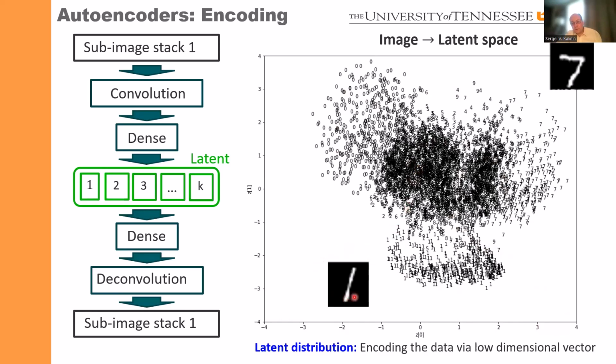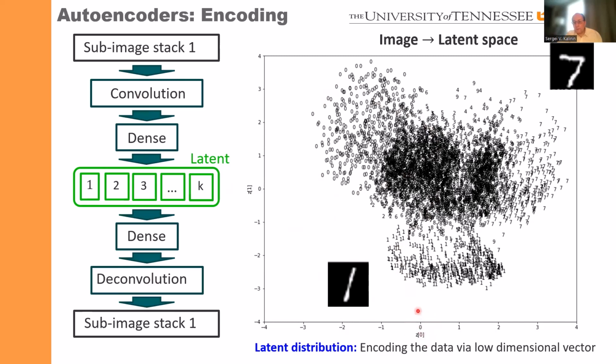So we start with this dataset. We have all 50,000 images in the MNIST, and we train this autoencoder, and then we try to see what is the relationship between the image and the latent vector. Again, the latent vector is 2-dimensional.